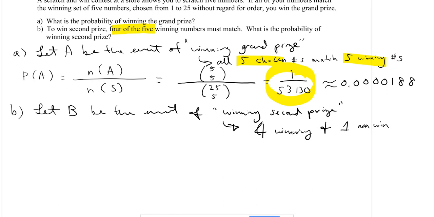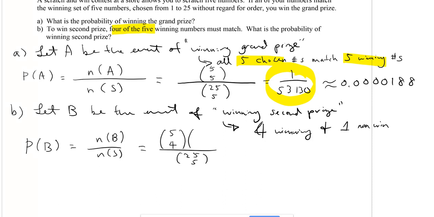So this is going to be P of B, which equals N of B over N of S. The bottom is identical because we're talking about the same situation here. But if I want the 4 winning numbers of the 5, that means I have 5 choices of winning numbers and I pick 4 of them. If 5 of them were winning, how many of them are the losing numbers? That would be 20, right? Because of 25 numbers, 5 of them are winning, that means 20 of them are losing.